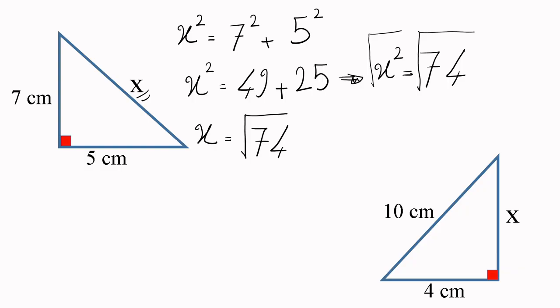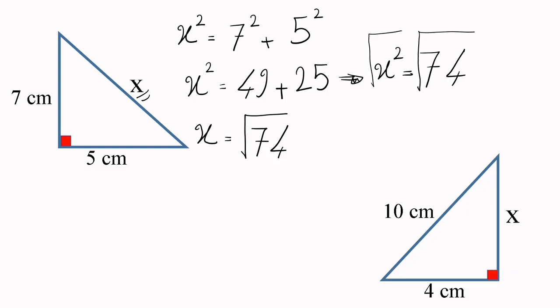Here, because the answer is not a whole number, because 74 is not a perfect square, I can leave it like this. And most of the times it is acceptable. For example, if I were your teacher, I would accept this answer. But the point is, it's totally up to your teacher. If your teacher expects you to simplify that, you can use a calculator, or you can write the approximate answer.